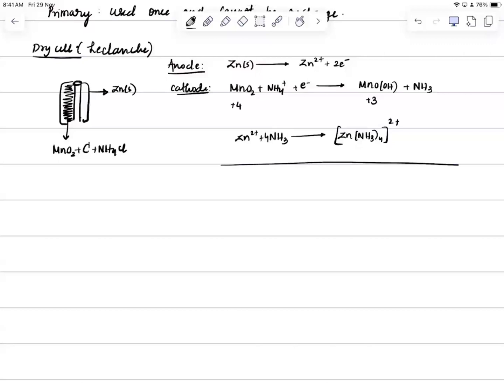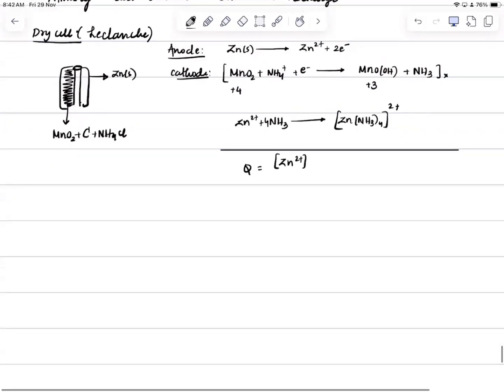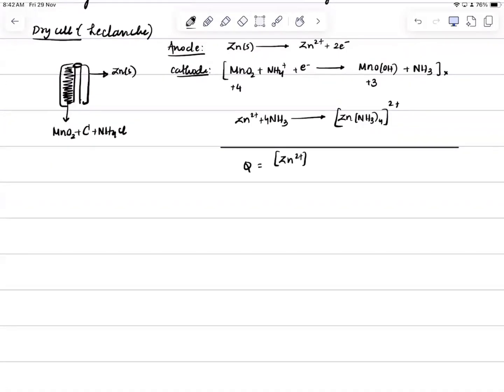If you write the Q value here, Q would be equal to the Zn2+ concentration, and this I have to multiply with 2 here. This is also a solid form, so it will not remain anything in this particular group. So Zn2+ into 2 moles of ammonia, correct?